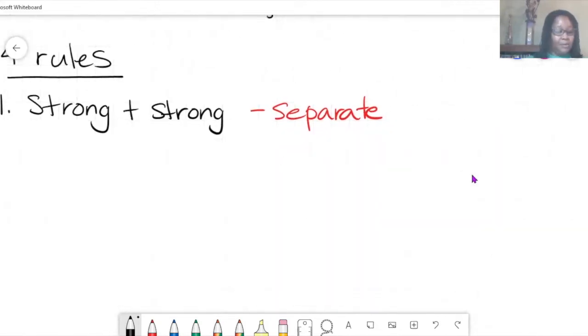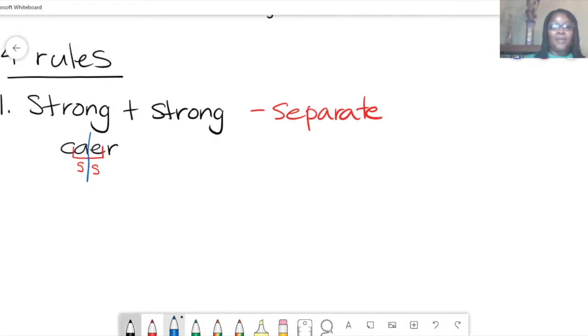An example of this would be in this word. Here we have two vowels coming together, and both are strong. A is a strong vowel, E is also a strong vowel. So the rule says when you have two strong vowels coming together, you separate them.